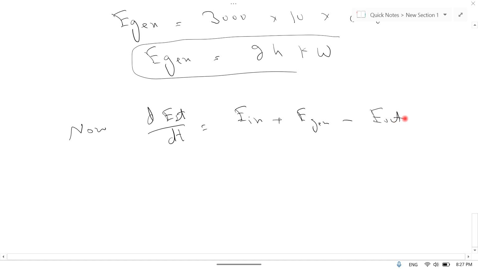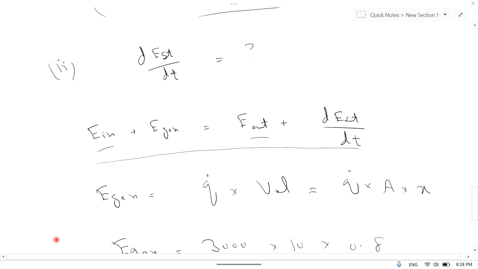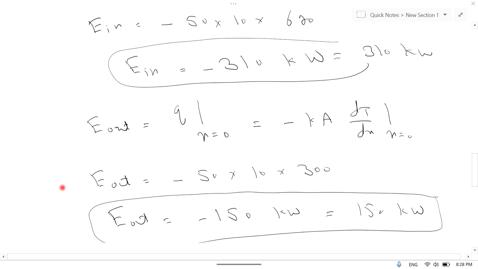Now put values here: 310 kilowatt plus 24 kilowatt minus 150 kilowatt. So the rate of energy stored is equal to 184 kilowatt. This is the solution of part 2, and this is the end of the problem.